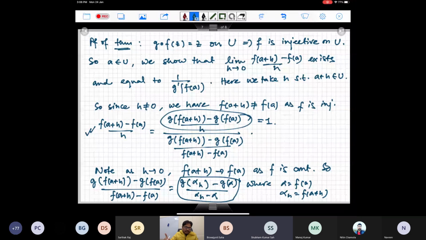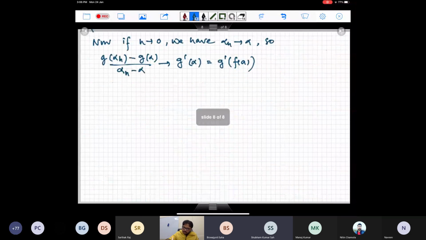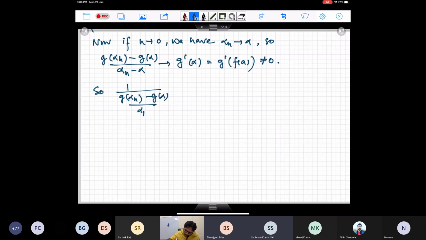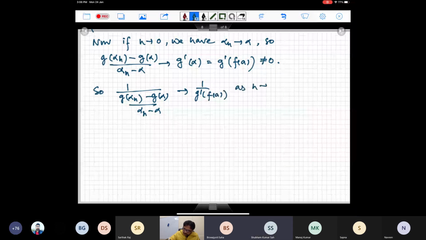And remember, I have g prime is non-vanishing. So g prime of alpha is not equal to 0, it is given. So what can I say? Where does this term, (g of alpha h minus g of alpha) divided by (alpha h minus alpha), go to? If I take the reciprocal, that goes to 1 upon g prime of f of a as h tends to 0.